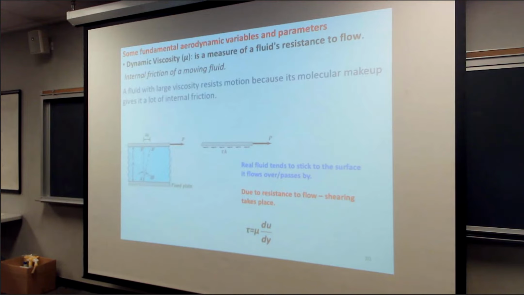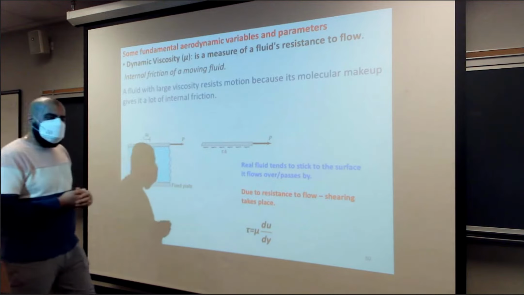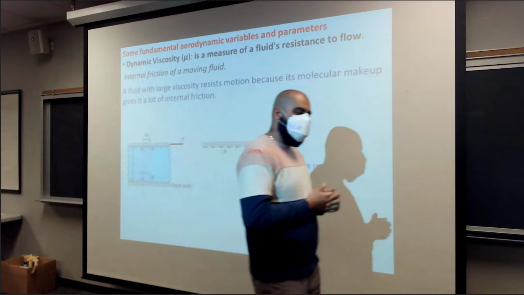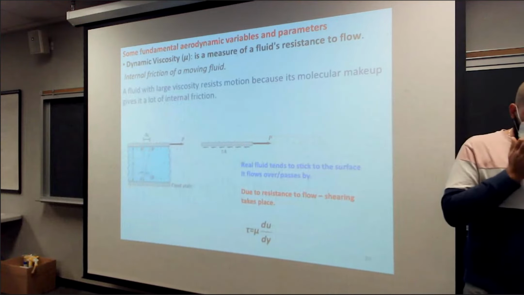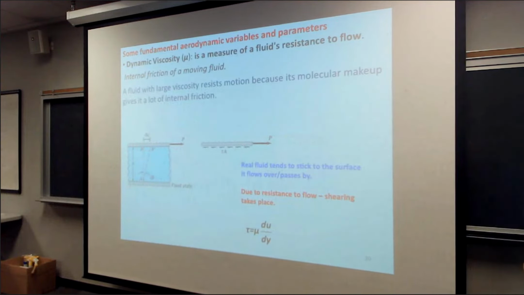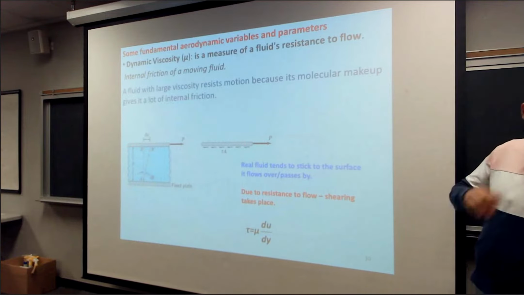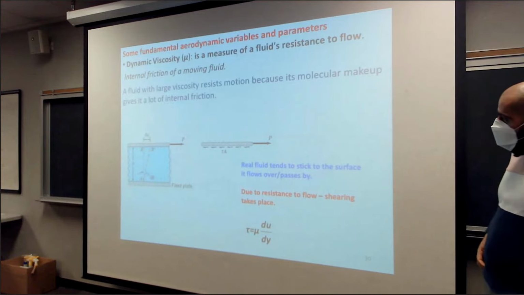But for the first 4 chapters of the book, like the first half of the class, we are not going to consider viscosity. We are going to assume that the flow is inviscid, okay? Which has a lot of implications, but it is actually going to help us do a lot of good analysis and good calculations by making everything a little easier.